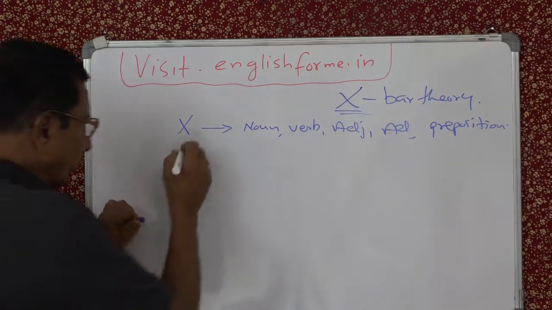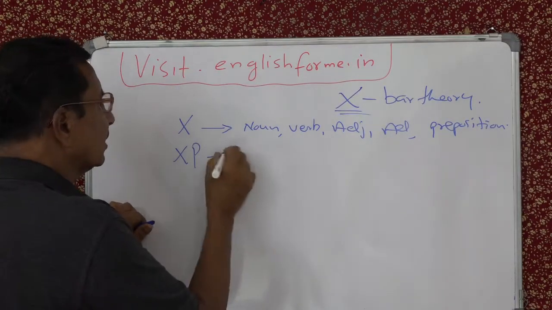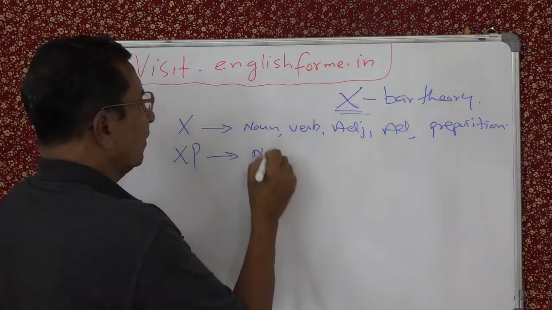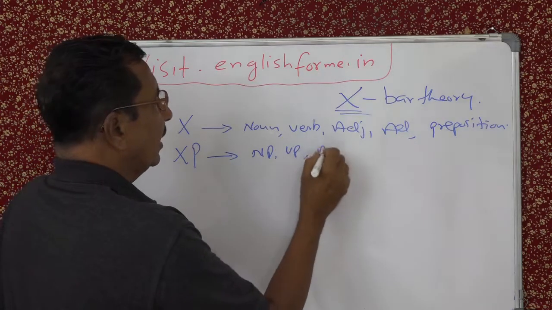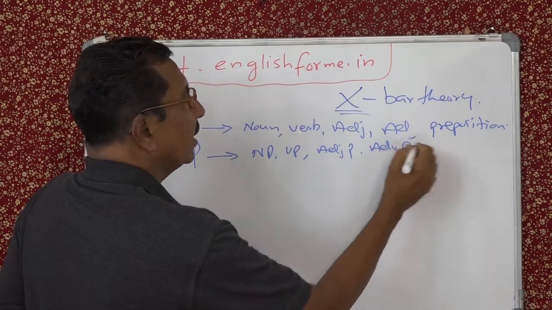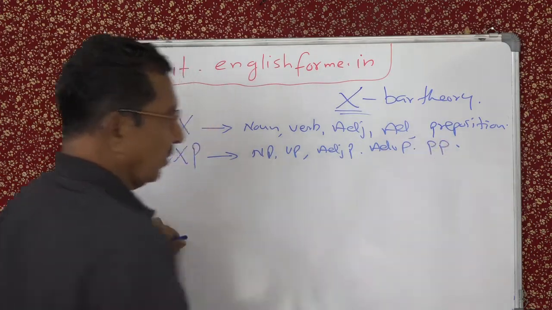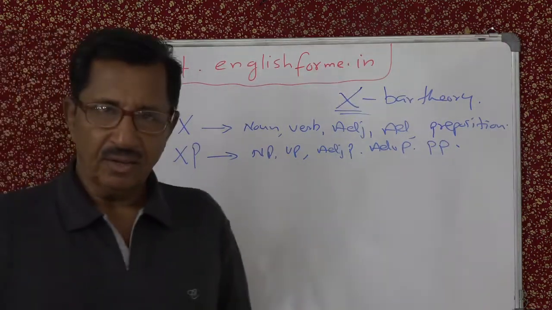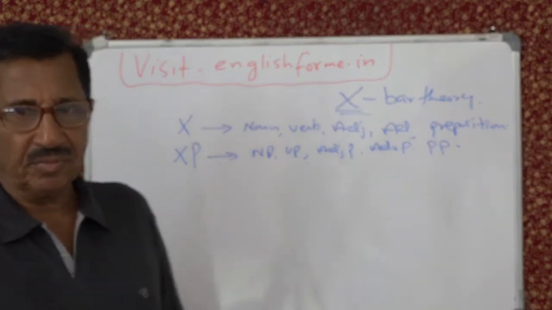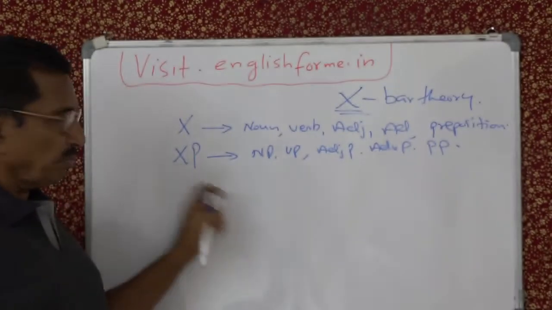Then XP, where P means phrase, is NP, VP, AdjP, AdvP, and PP, the prepositional phrase. We are familiar with phrase structure grammar, so this must be familiar too.